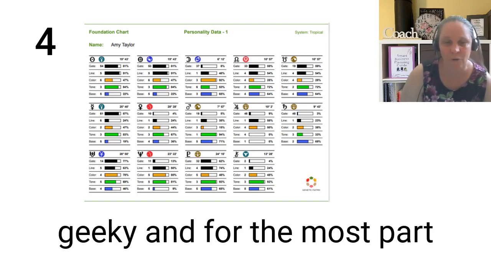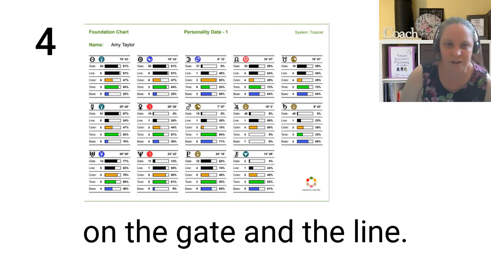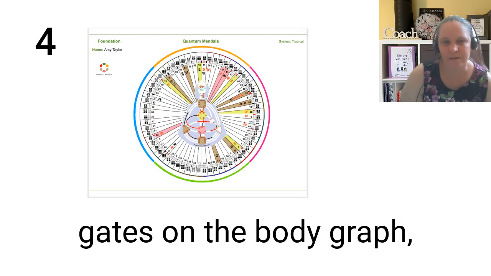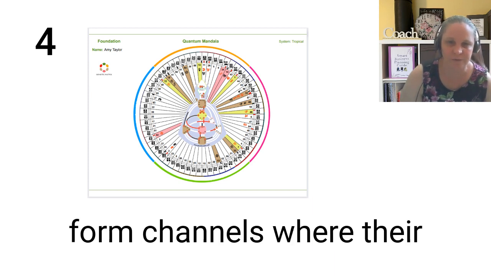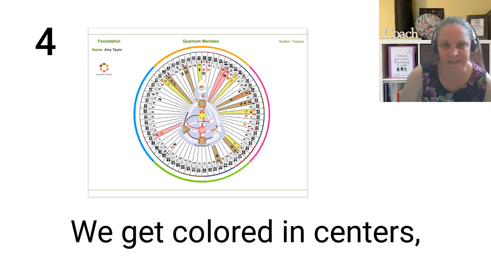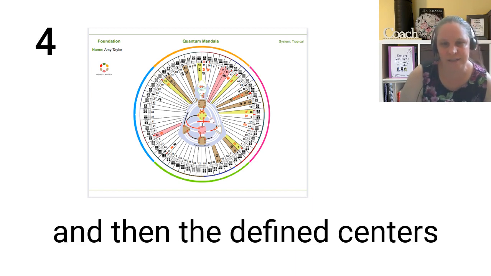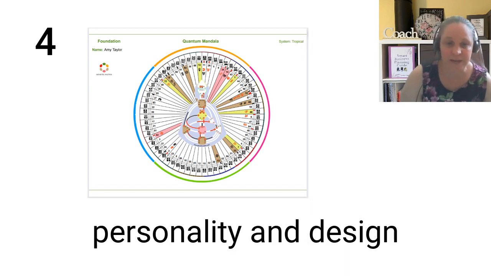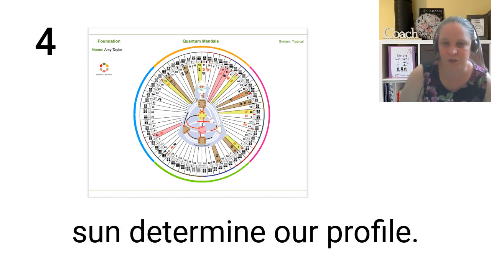For the most part, all we need to focus on is the gate and the line. From this, we fill in the gates on the body graph. The gates that connect form channels. Where channels are defined, we get colored in centers, and then the defined centers determine our high level type, and the lines in the personality and design sun determine our profile.